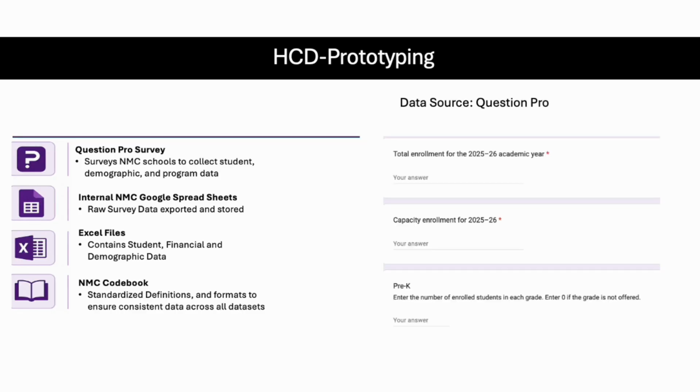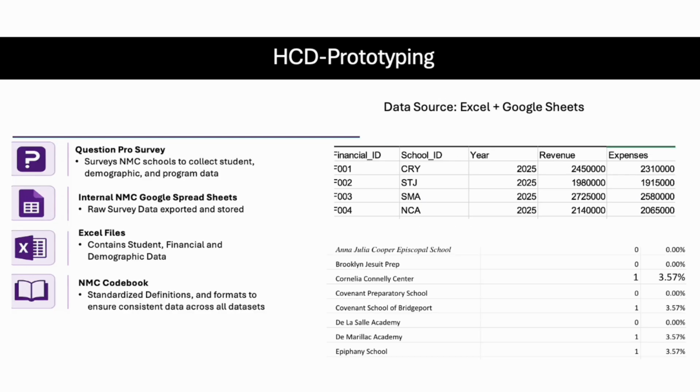This is where NMC obtains all of their postgraduate outcomes, for instance, their total enrollment for the 25 to 26 academic year, and capacity. After Question Pro is filled out by the schools, the data goes into Excel and Google Sheets. For instance, we have a ton of data on the school, the year, the revenue, and expenses. So this is where all of our data is coming from.